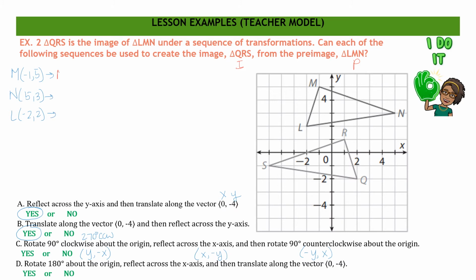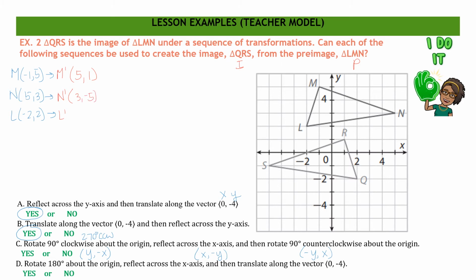For M prime, N prime, and L prime, it tells us that for 90 degrees clockwise we're going to flip the coordinate points, and our x is going to be opposite. So if I flip them, I get 5, comma, and that would be +1. And then flip again with my x being opposite, so that means I have 3, -5.